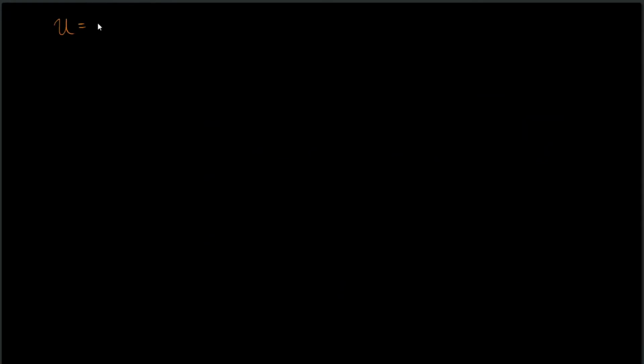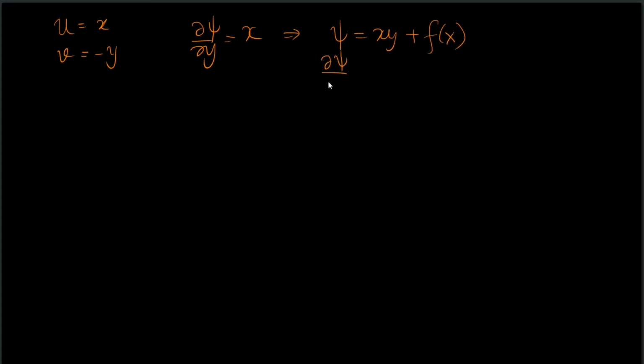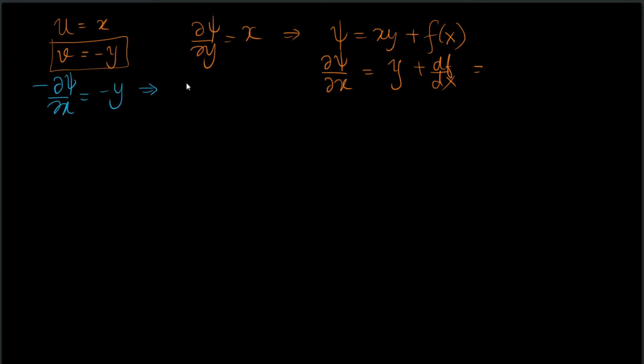So u is equal to x and v is equal to minus y. Now u is del psi del y and this is equal to x, meaning psi equals xy plus f of x. What is del psi by del x? This will be y plus df dx, and from this particular statement we can write minus del psi del x equal to minus y, implying del psi del x is equal to y.